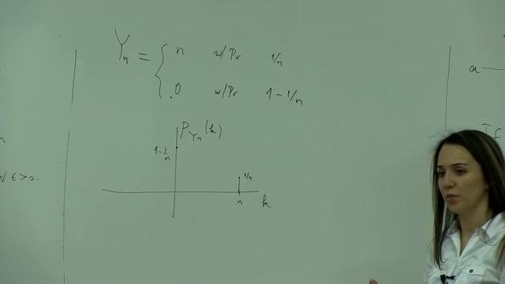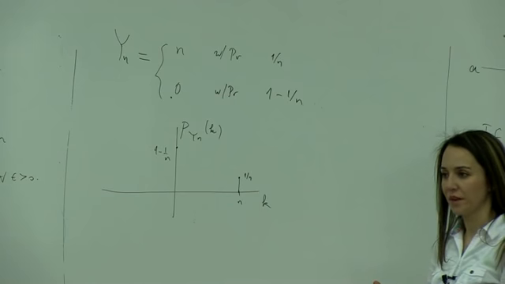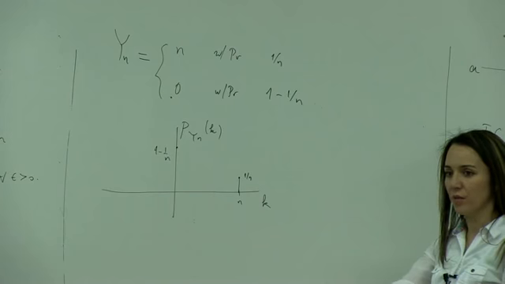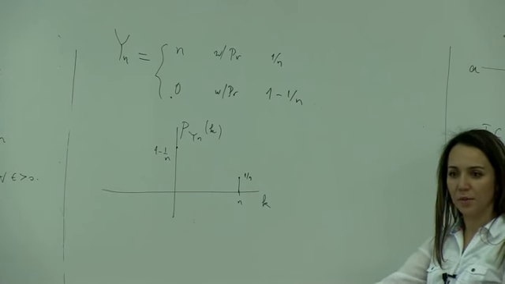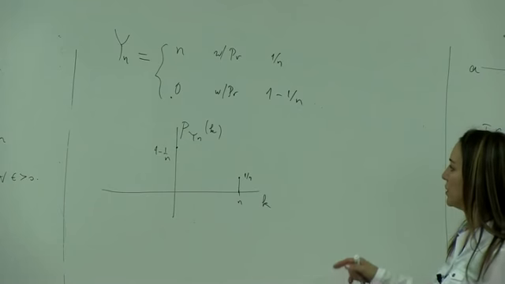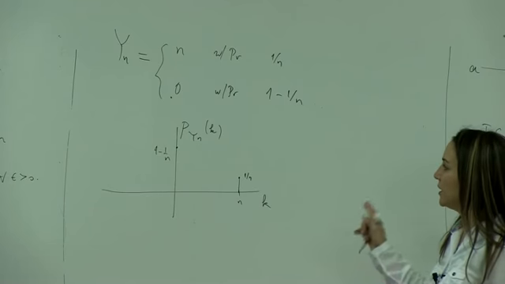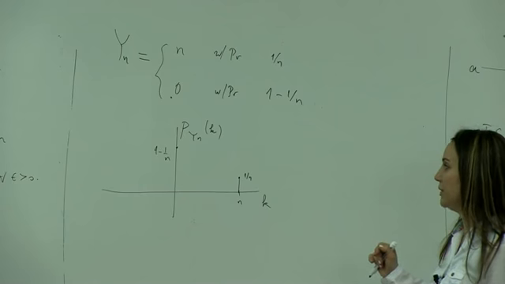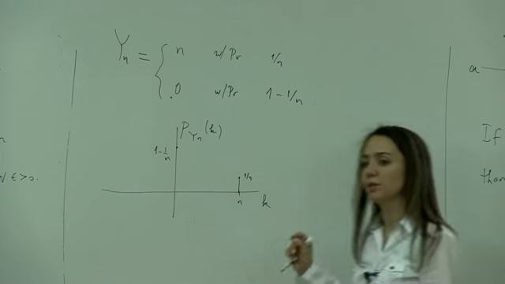What do you think that value could be? As you increase n, it's more and more likely that Yn, the random variable you have, will take the value 0. So I believe that Yn will converge in probability to 0.